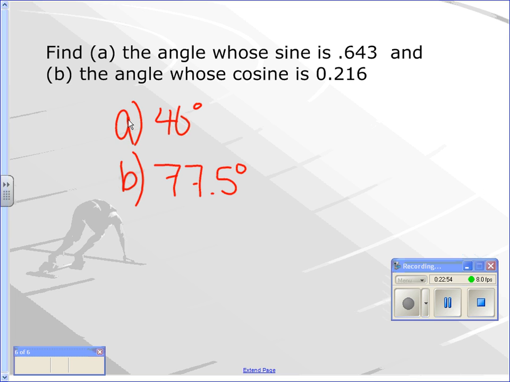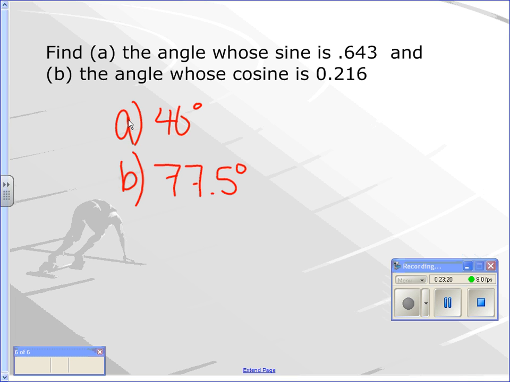Do you agree? 77.5? If you rounded it to 78, that's fine. But I just want to make sure y'all got the same thing. Any questions on using the calculator for these? Okay, so right now, that's all it's going to ask you to do. As we go more in depth into trig, we'll go over it. Both. They'll do both of them.